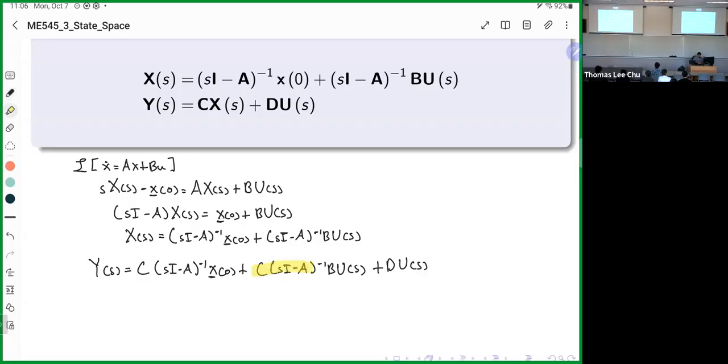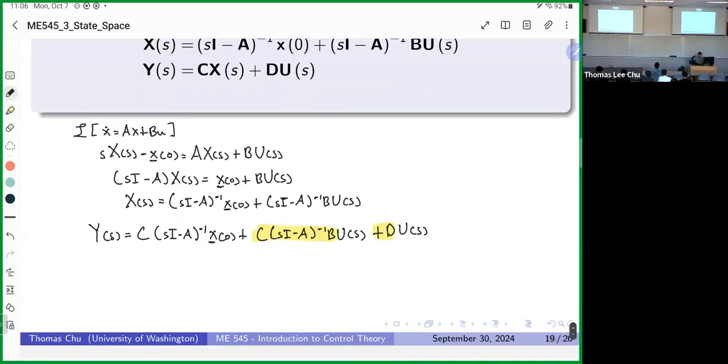Note that this here is our transfer function, highlighted in yellow. Our transfer function, which is equal to Y of s over U of s, is equal to C sI minus A inverse B plus D. That's where the transfer function equation comes from.